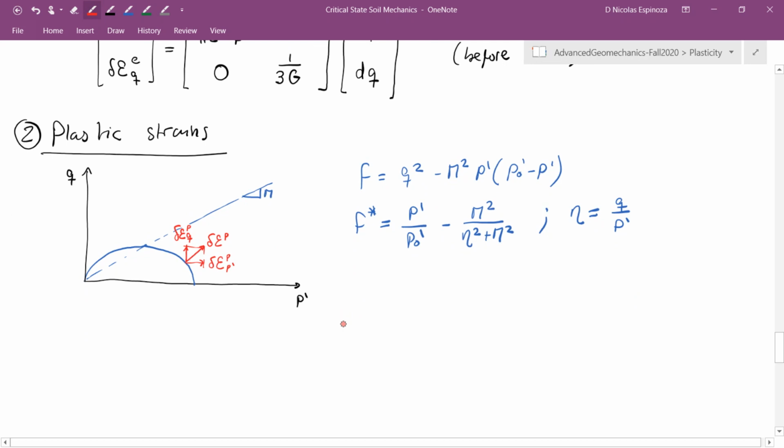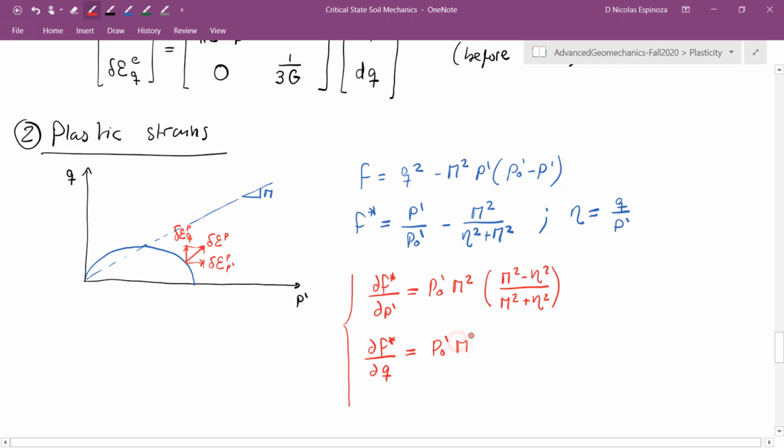And the derivatives of this function are going to be: the derivative of f star with respect to p prime is going to be the following. And same thing, but with the plus sign over here. Partial derivative of f star with respect to q. Remember, these are our three variables.